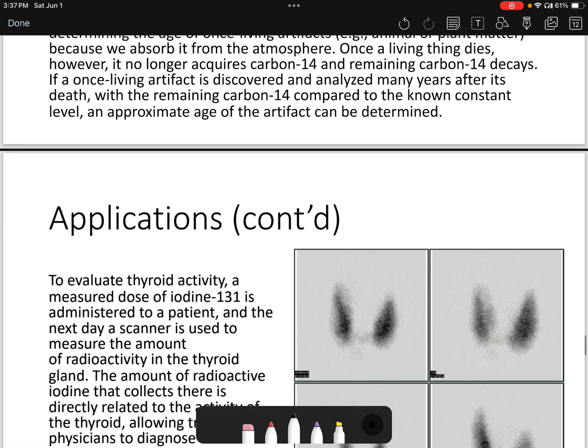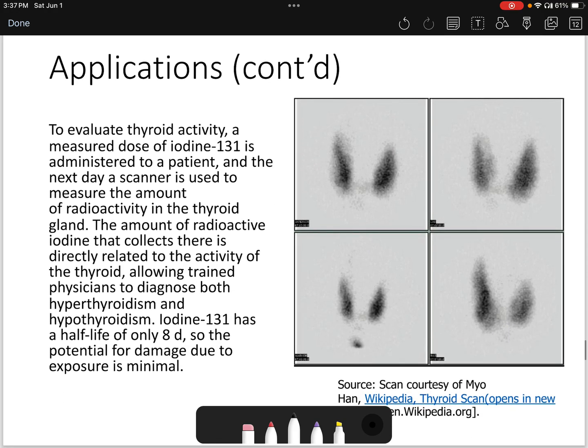All right. Another application, we can use an isotope of iodine called iodine 131 to evaluate thyroid activity. So our thyroids are present kind of at the front of our necks, and thyroids are really useful in regulating our hormones and such. So if our thyroids aren't working, sometimes that can mess up, for example, our metabolism and our energy levels.